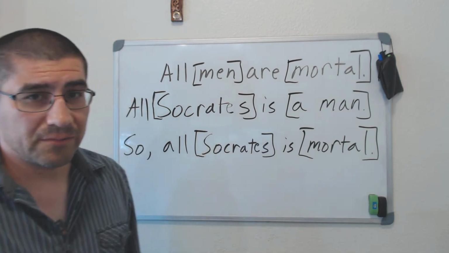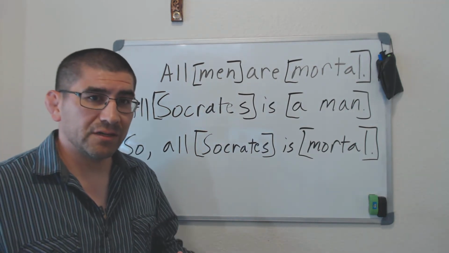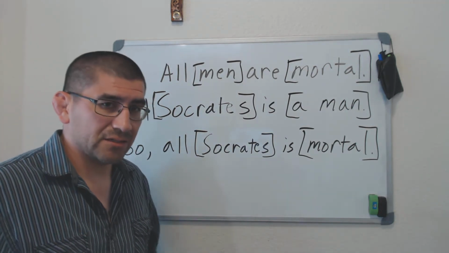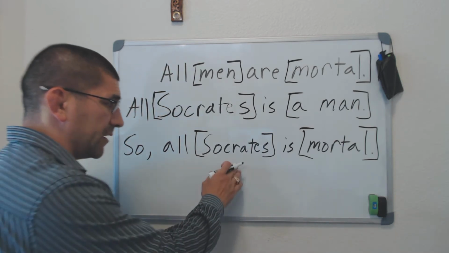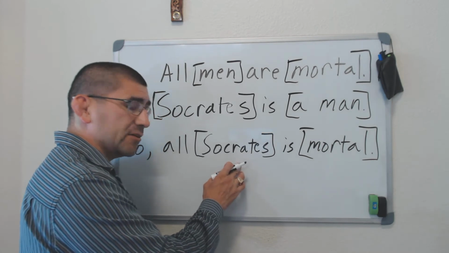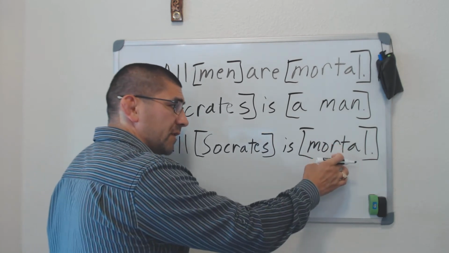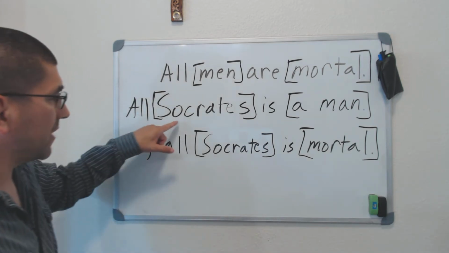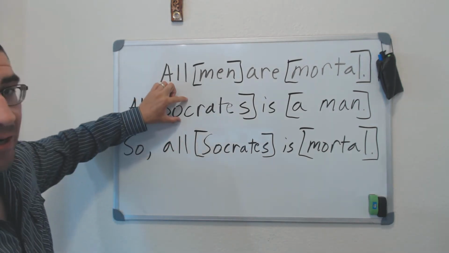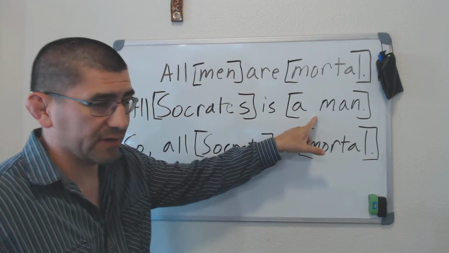So those are the preliminaries. You need to understand that before you can start testing this argument for validity. So: minor premise, minor term, major term. If I find the minor term right here, that means this is the minor premise. So what's the other word over here?